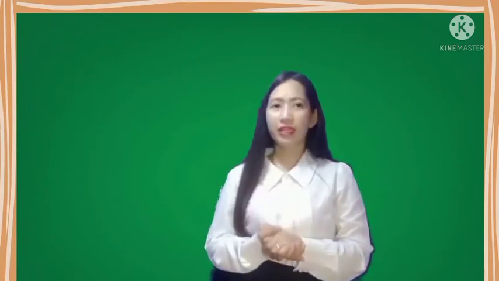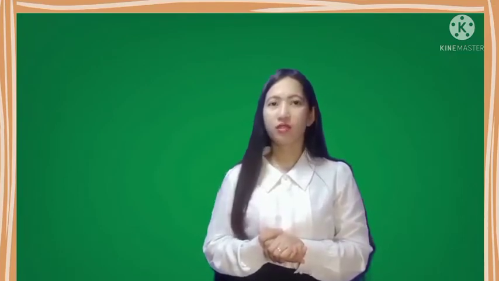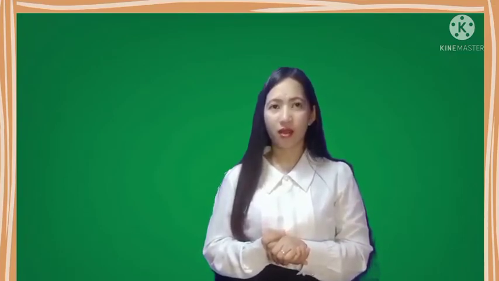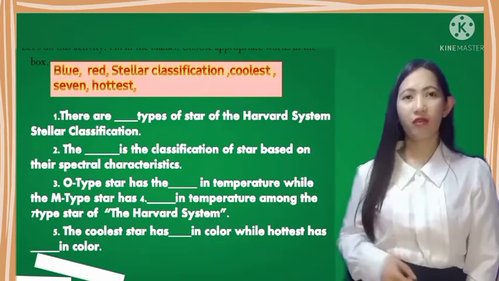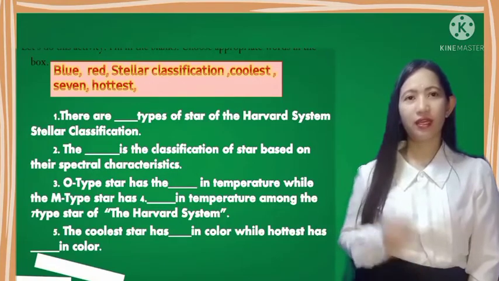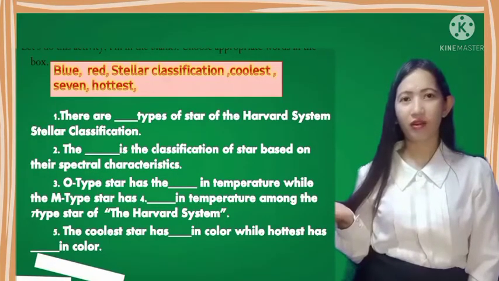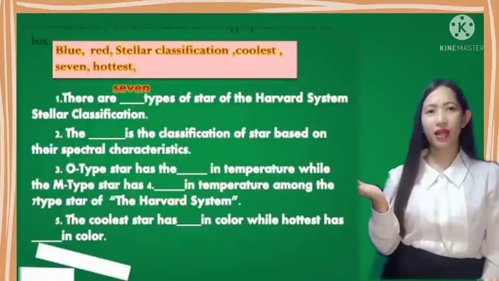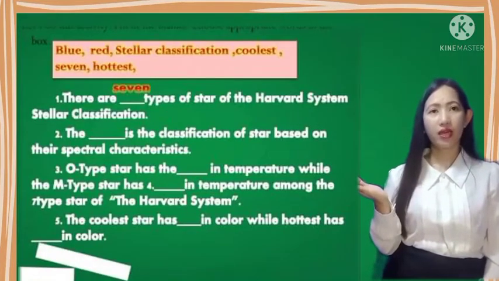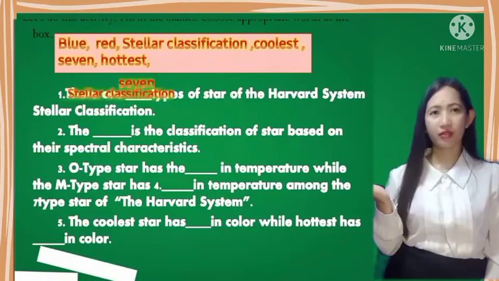Okay, before we proceed to our assessment, let us summarize our lesson by doing this activity. This is fill in the blanks. Choose the appropriate words in the box. Number one, blank types of star of Harvard system in stellar classification. That is 7. Number 2, the blank is the classification of a star based on their spectral characteristic.